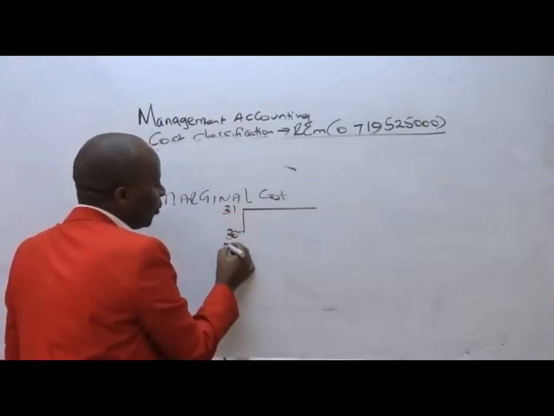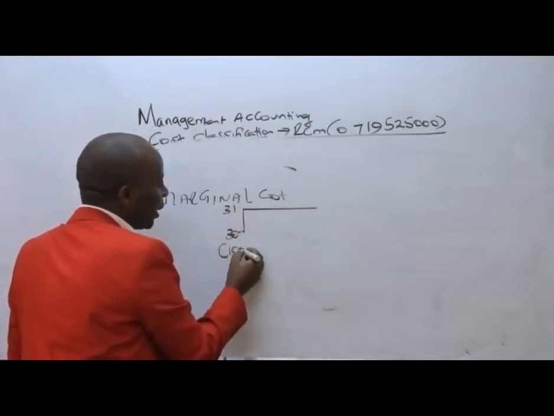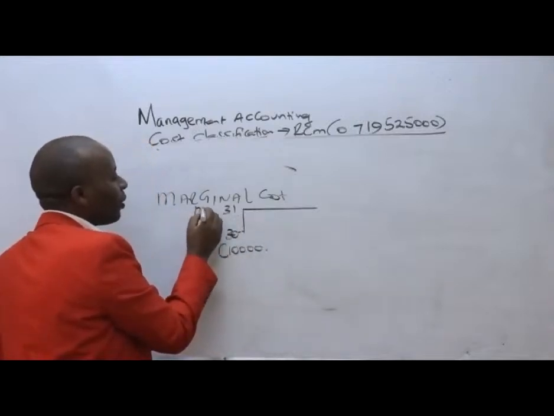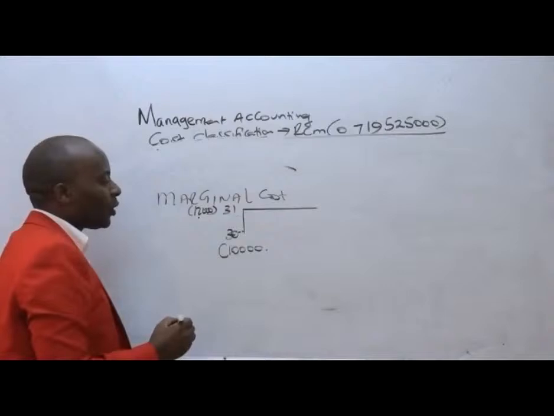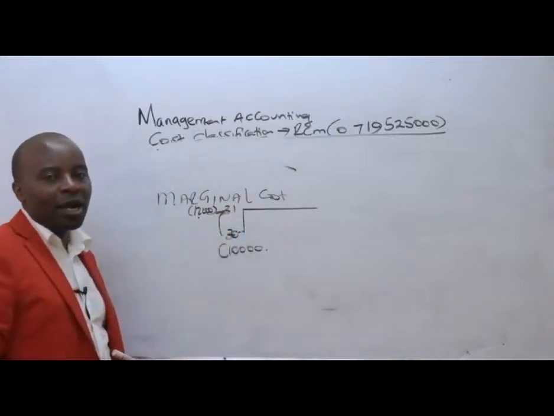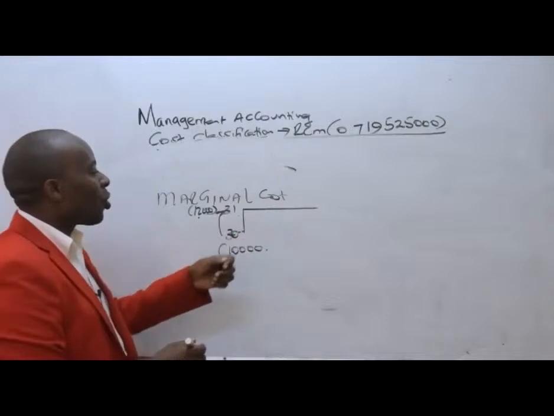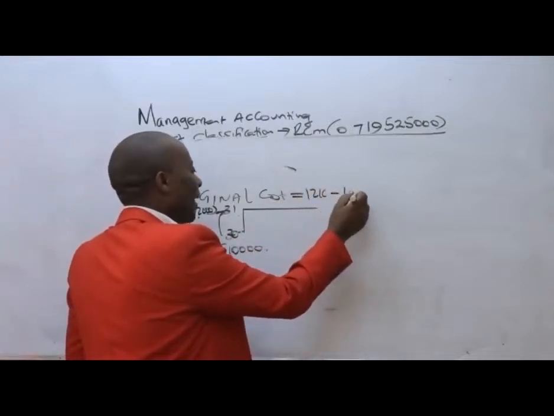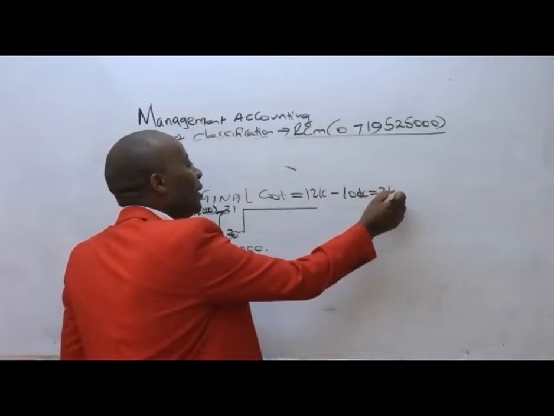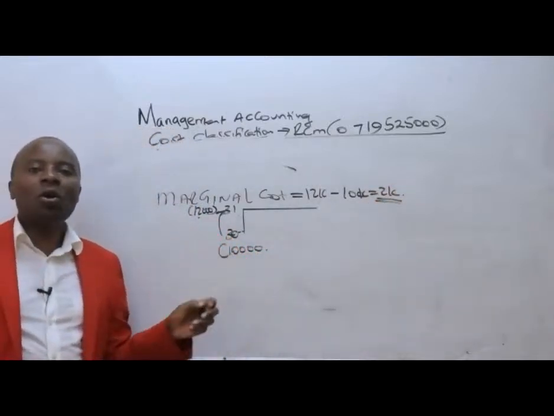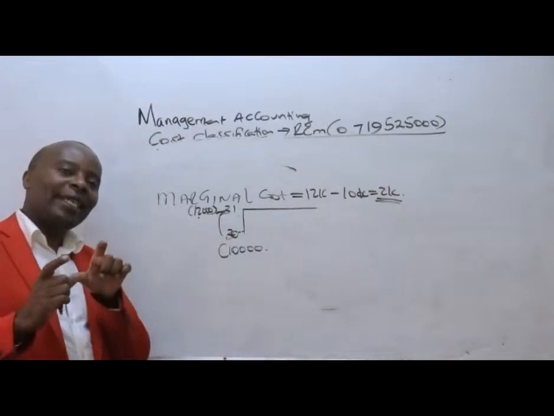If these 30 units were costing us 10,000, and the 31 units are costing us 12,000, then the incremental cost from 30 to 31, that incremental cost of 2,000 bob, which is 12,000 minus 10,000, this additional cost of 2,000 is what we are calling the marginal cost. Marginal cost is the incremental cost.